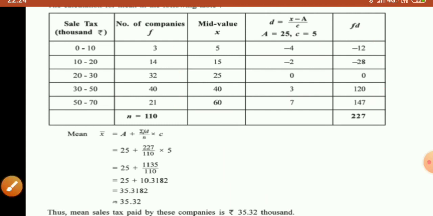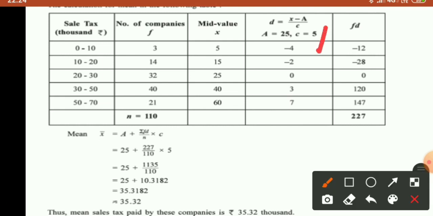Then I have the formula for the shortcut mean: x bar equals a plus sigma fi di upon n, into c. A I have kept as 25, so I'll keep 25 here. Sigma fi di I got as 227, so I'll keep 227 and then divide by 110, into 5. 5 is c, so I'll keep 5 as c.